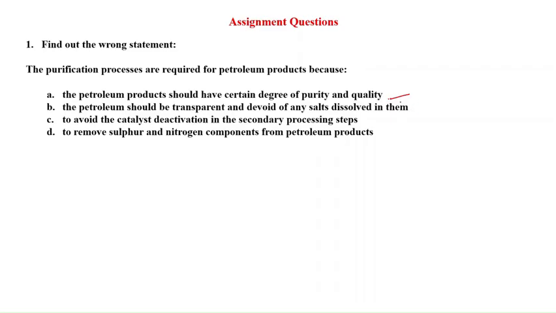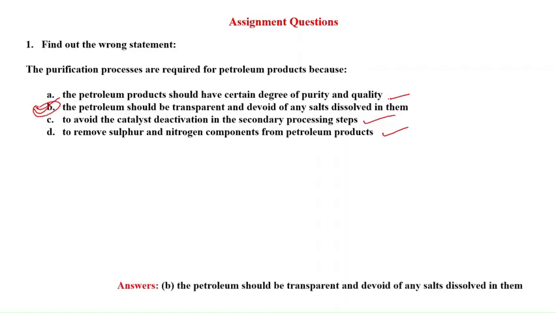This is not correct. It is not that petroleum should be transparent. It should be devoid of colors and should not have a foul smell. To avoid catalyst deactivation in the secondary processing unit, this is also correct, and to remove sulfur and nitrogen components from the petroleum products. So the wrong statement is B.